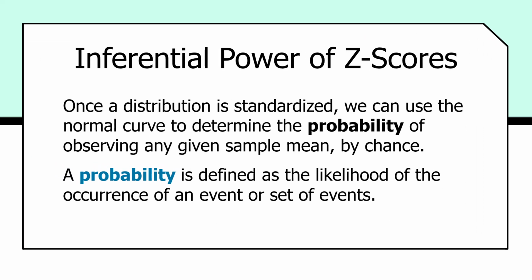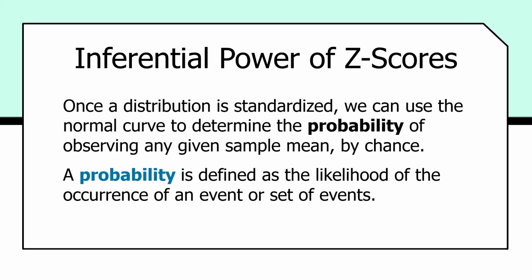Once a distribution is standardized, we can use the normal curve to determine the probability of observing any given sample mean by chance. There's a chance probability of reaching into that sampling distribution and pulling out a mean of, say, 62, or pulling out a mean of, say, 68. That would be very remote. Or pulling out a mean of 58.2 or 57.1.